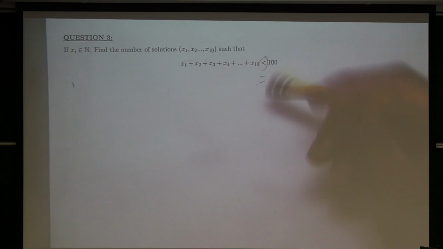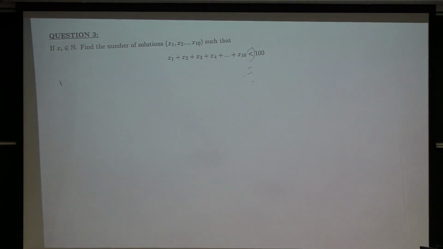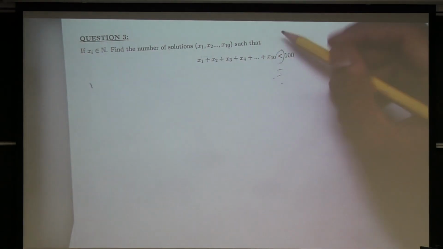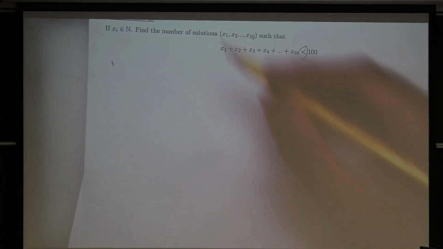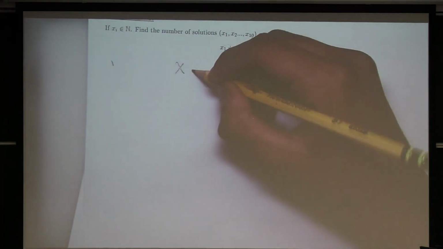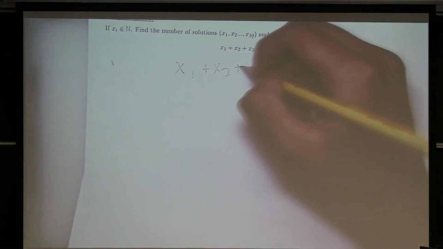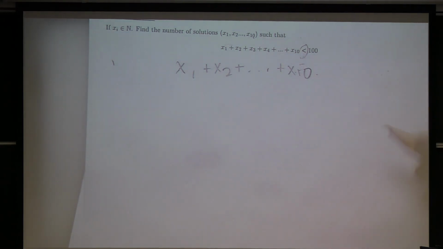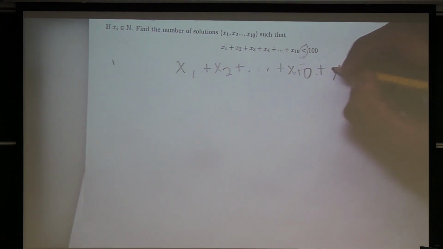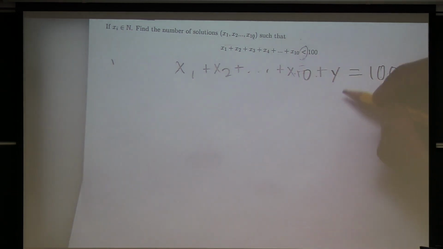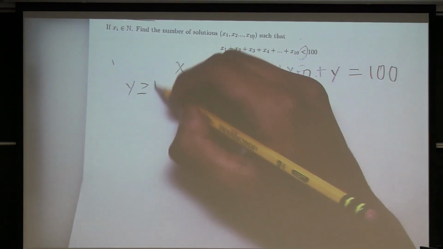So we had to somehow manipulate this equation to get a stars and bars form. So what we can do is a very slight trick: we can add a value here. If I add these up until x10, I add a value called y, such that this will equal 100 no matter what, and y will be greater than or equal to 1.